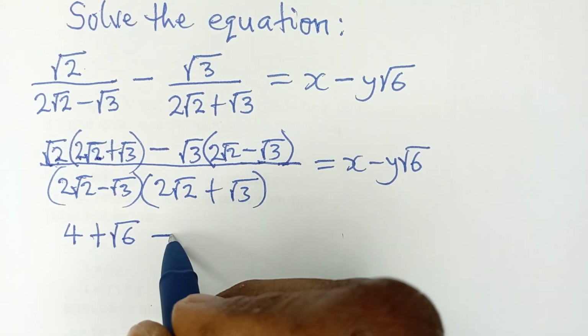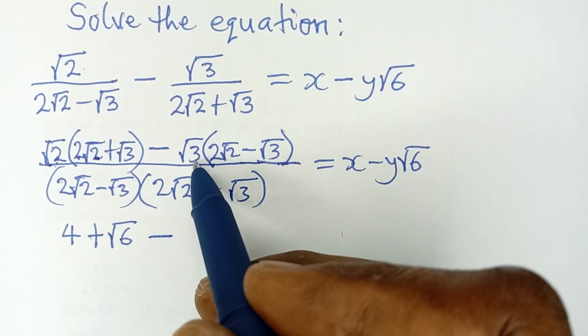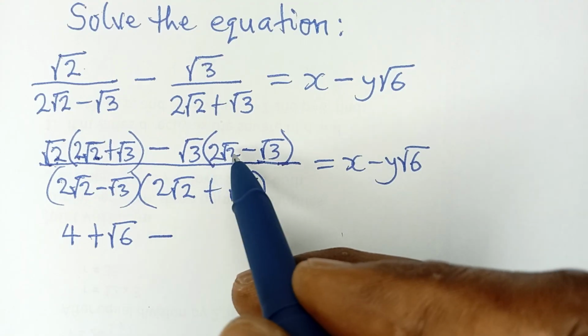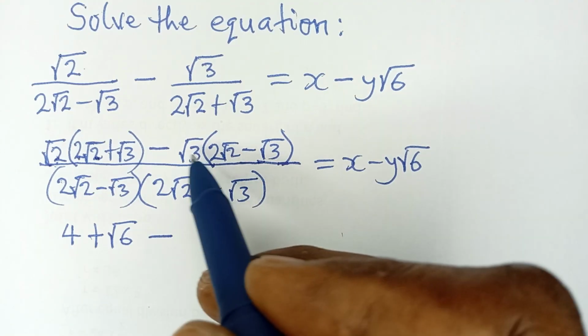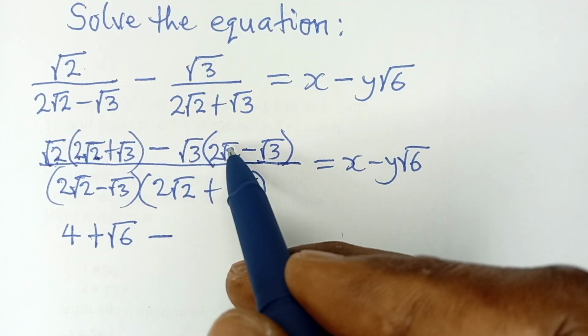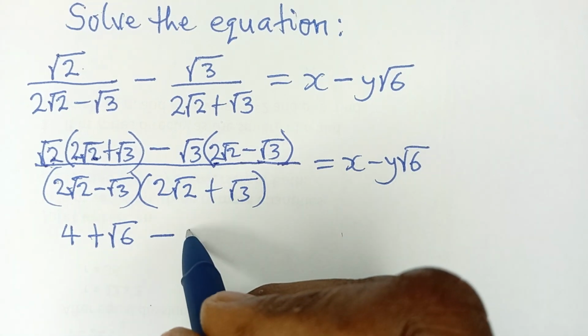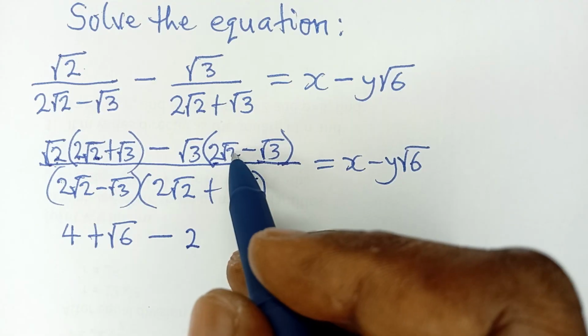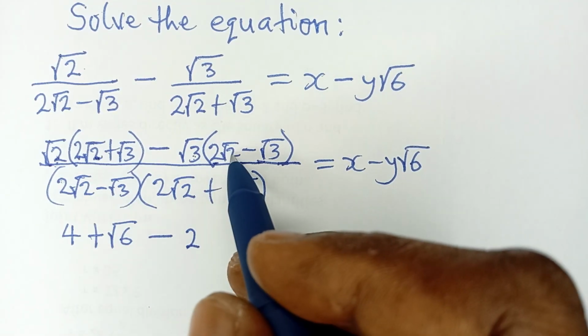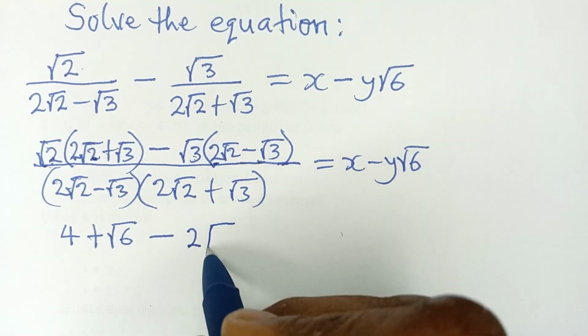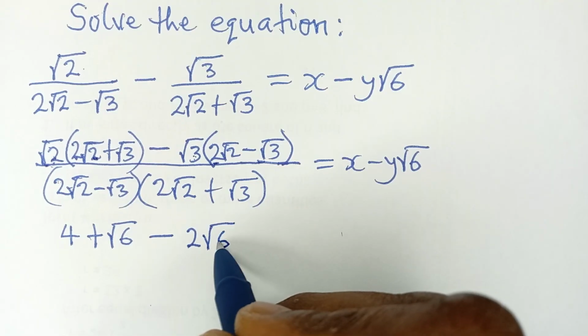And then minus, this is negative root 3 multiplied by 2 root 2. So the value here without the root sign remain, and then the root sign terms will multiply each other. So 3 times 2 is 6, and then you still put the root there. So this will give us 2 root 6.